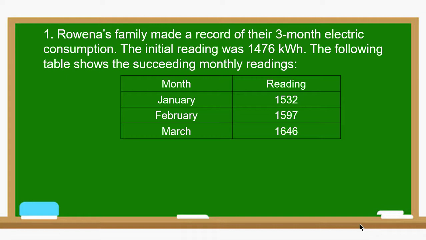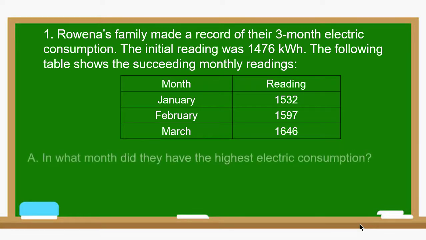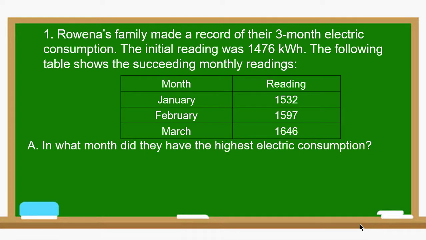January, the reading is 1,532. February, 1,597. March, 1,646. In what month did they have the highest electric consumption?